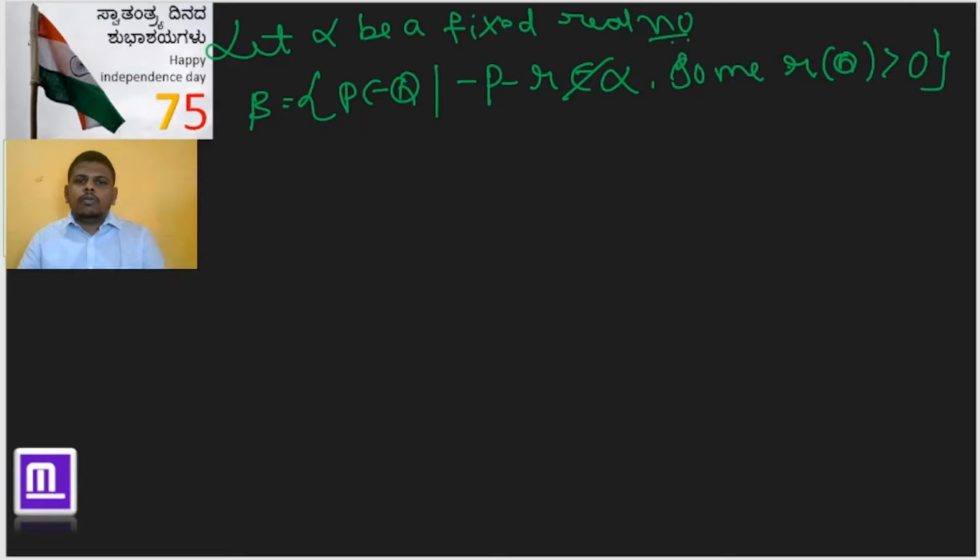You can see where these two are attaching. This is alpha and beta. This beta set depends on what is the alpha.